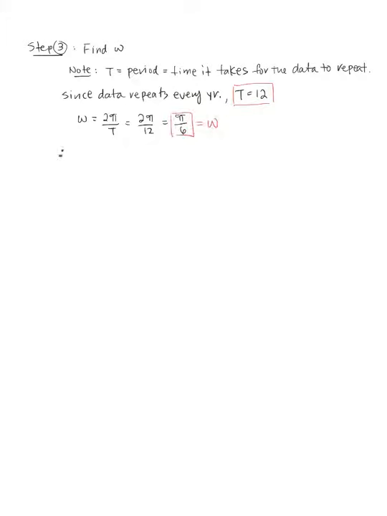So therefore, we now have, let me just write it in red, y equals 22.05 sine of pi over 6 x, and then plus 54.95. Okay.